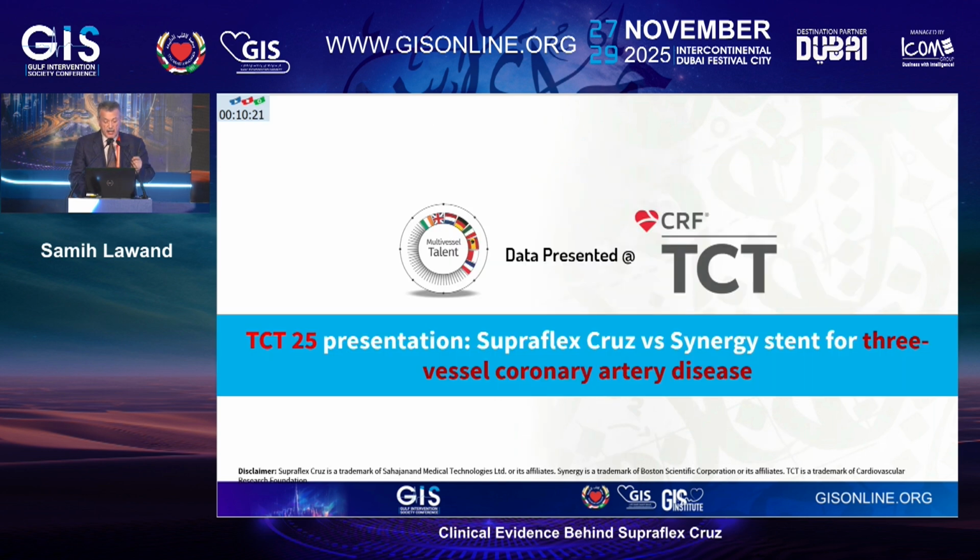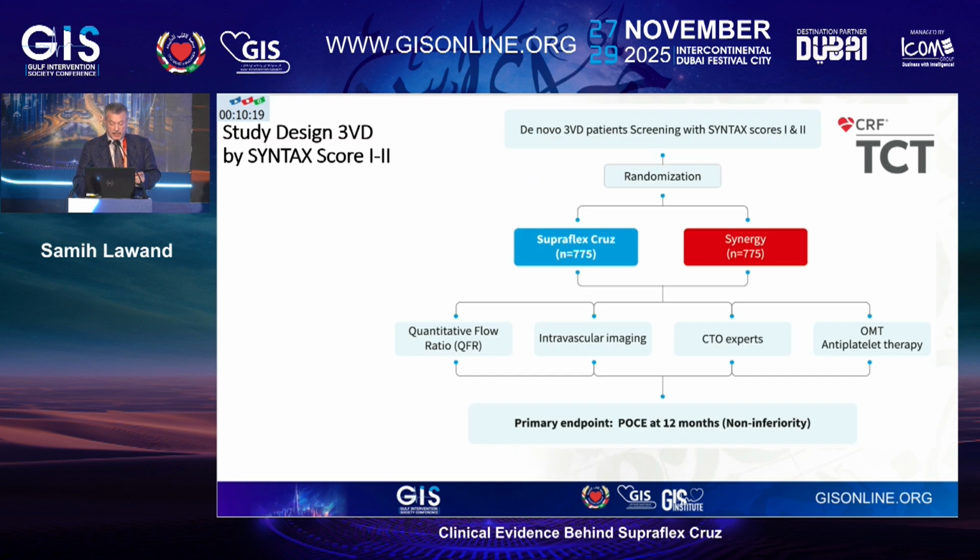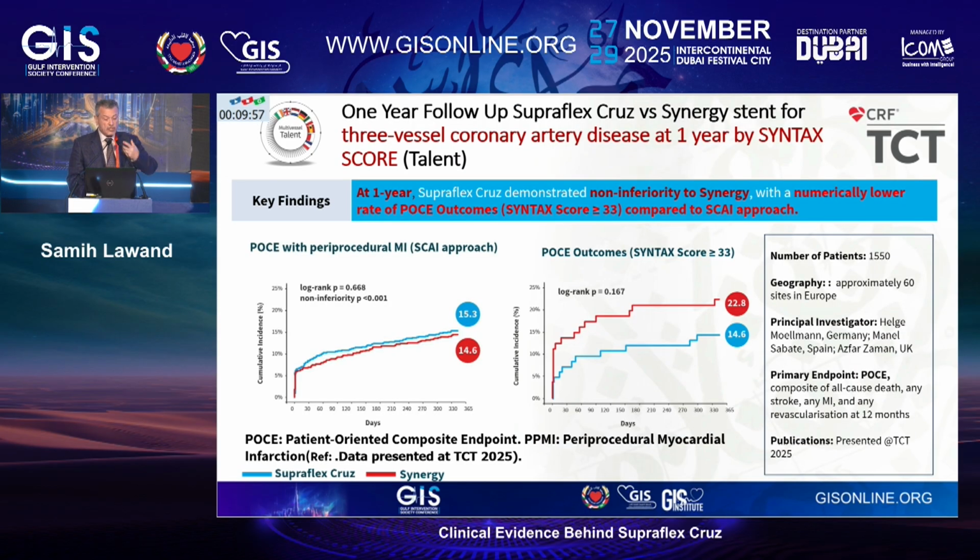For 3-vessel coronary artery disease, in this population, de novo 3-vessel disease patients with SYNTAX scoring were followed and used the different technologies to support the procedures, comparing Supraflex versus Synergy, and looked at what we call oriented outcome events comparing the two different technologies or two different approaches, SYNTAX scoring as opposed to the SKY approach.